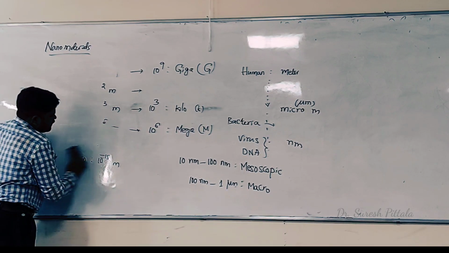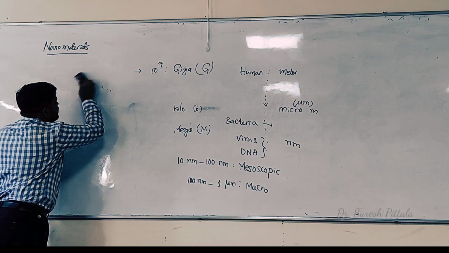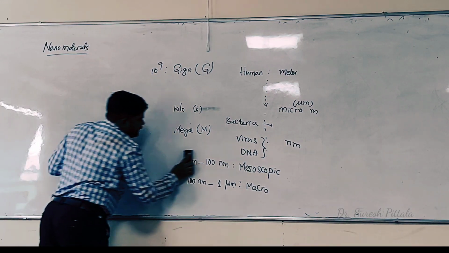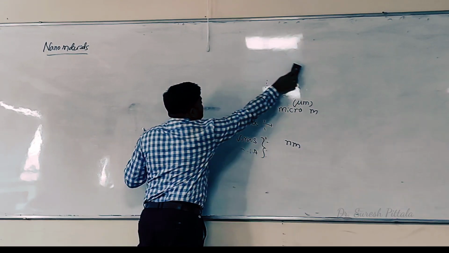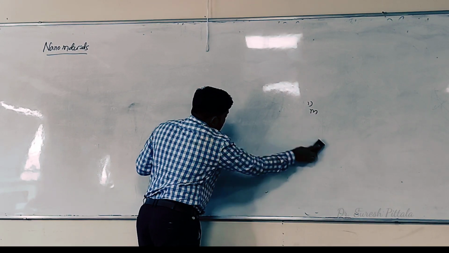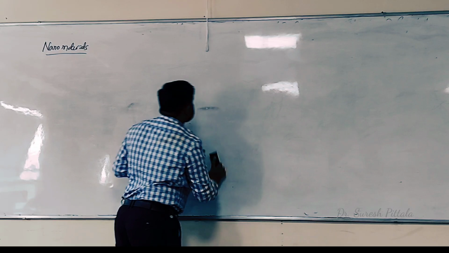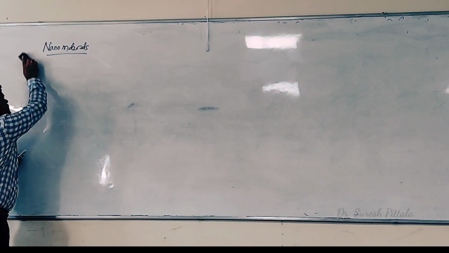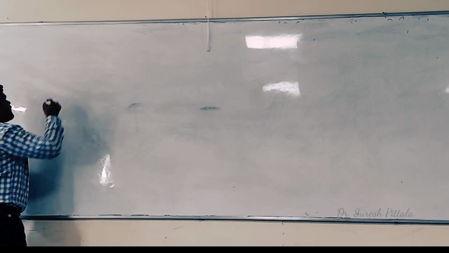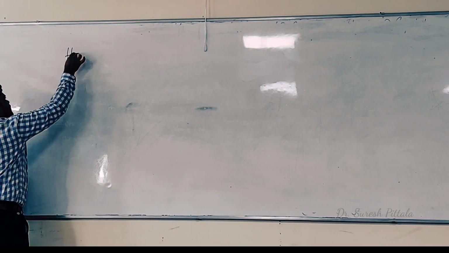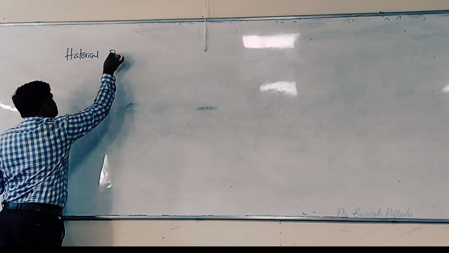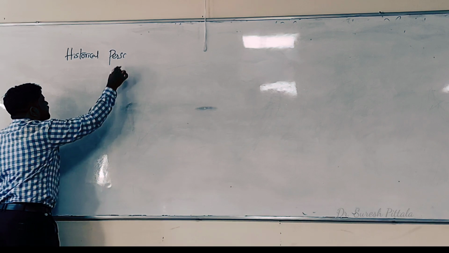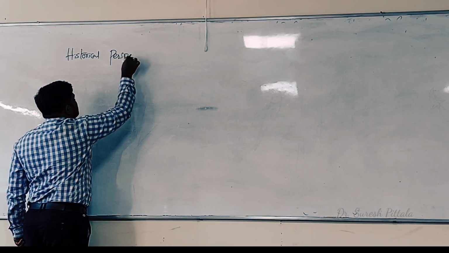We will have some historical perspective before we go to the preparation of nanomaterials, because it is very important to realize how nanomaterials play a role in human life. Some of the historical perspective, which means when did we first know about the nano perspective?